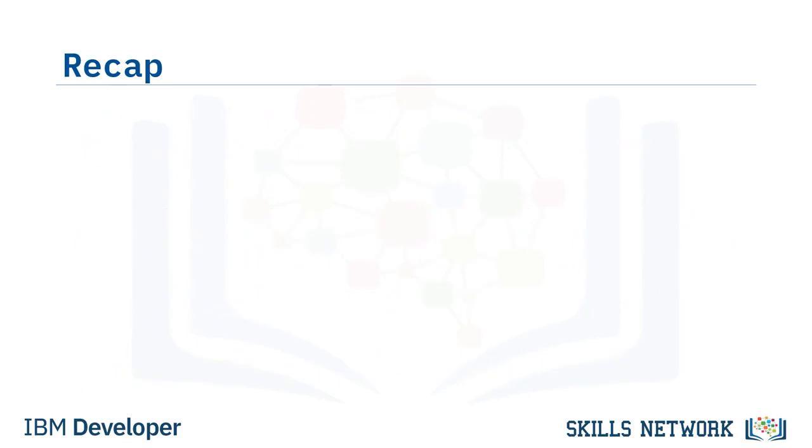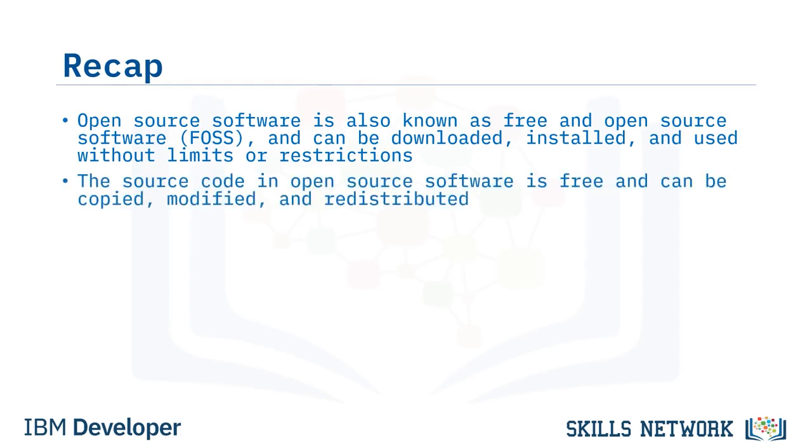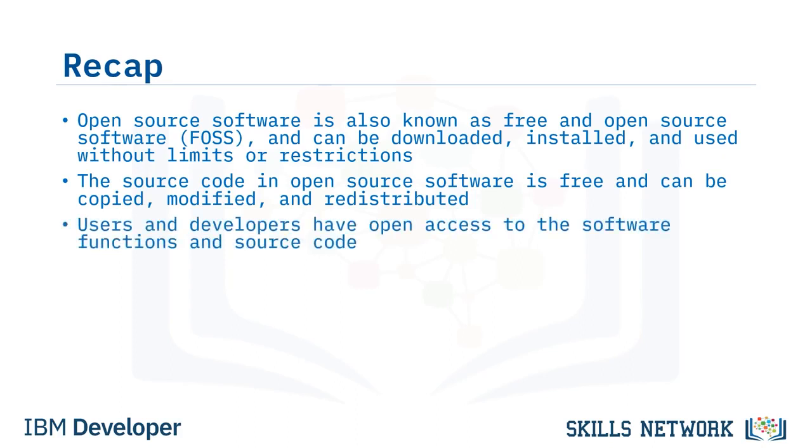Additionally, you learned that open source software is also known as free and open source software, or FOSS, and it can be downloaded, installed, and used without limits or restrictions. The source code in open source software is free and can be copied, modified, and redistributed. Users and developers have open access to the software functions and source code.